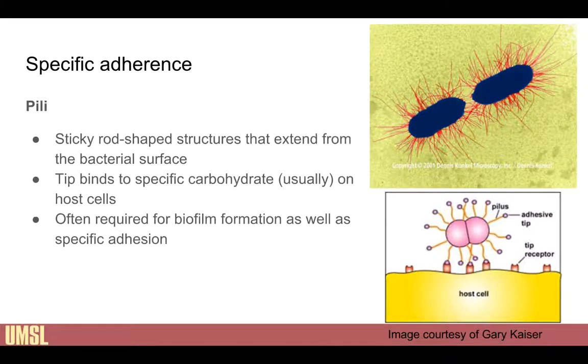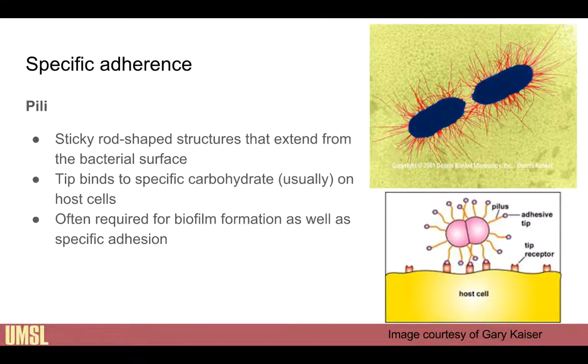The important bit here is that the tip of these long proteinaceous projections, these pili sticking out of the cell, often binds to a very specific host cell receptor. And that receptor is not necessarily a protein. For pili, it's actually a carbohydrate.